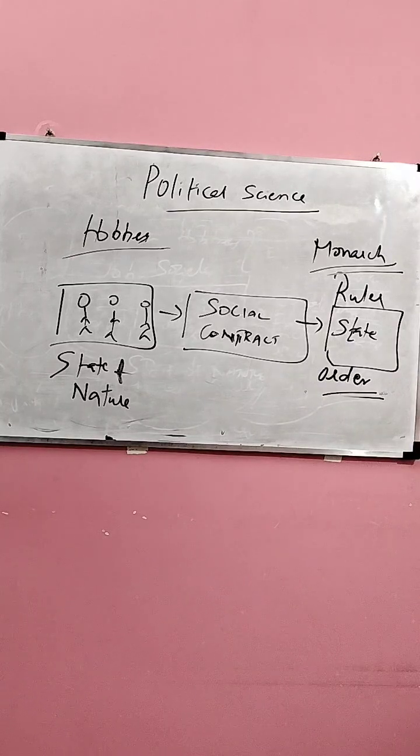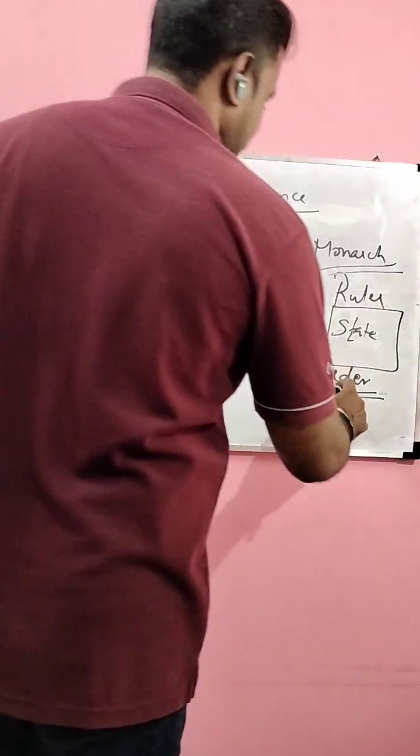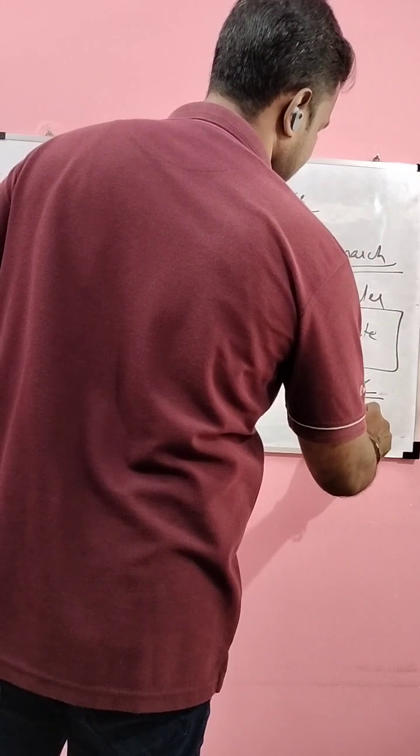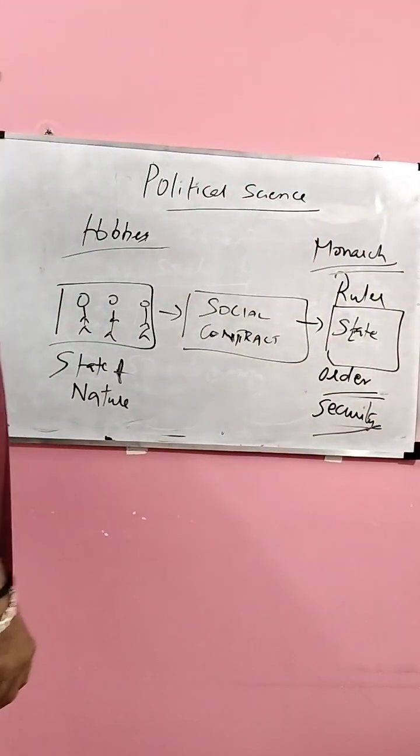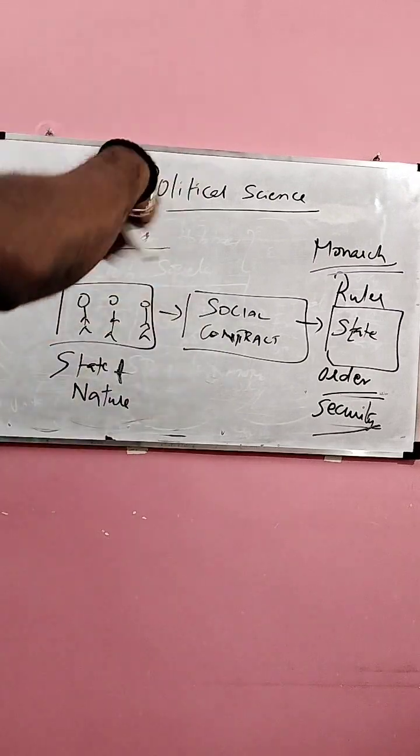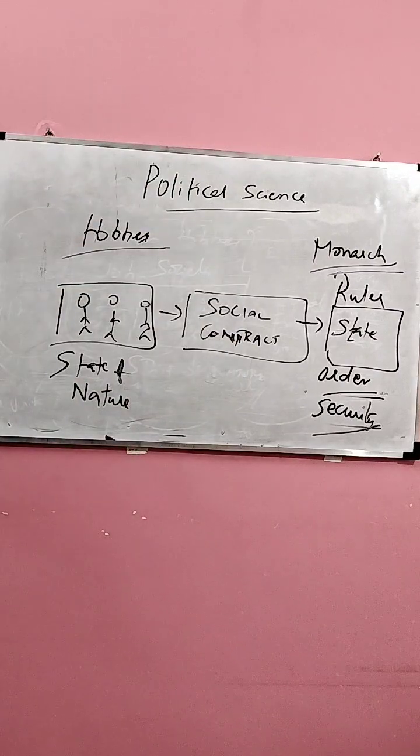There was no guarantee of a safe life. But with the coming of a state, order is established. Okay? The state provides security. Let's not go further into security, because different scholars have different views about security.